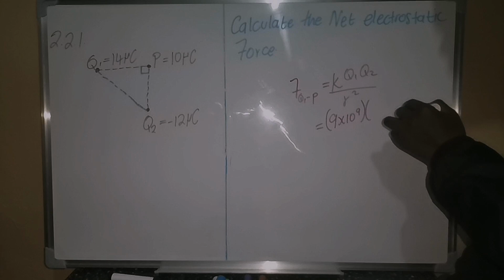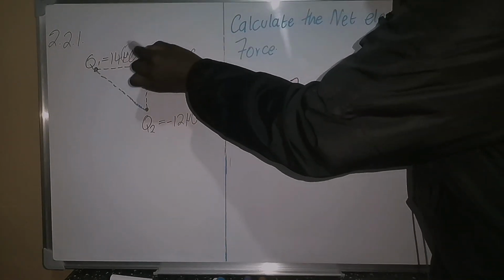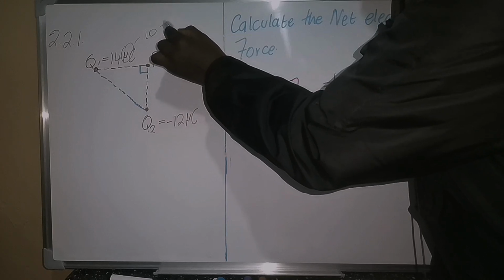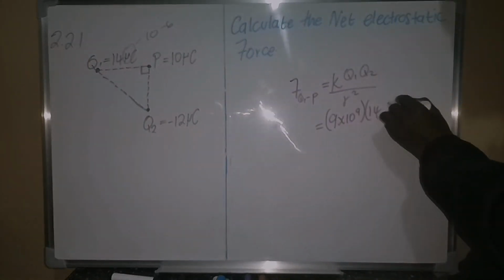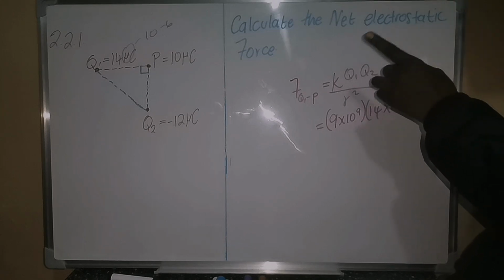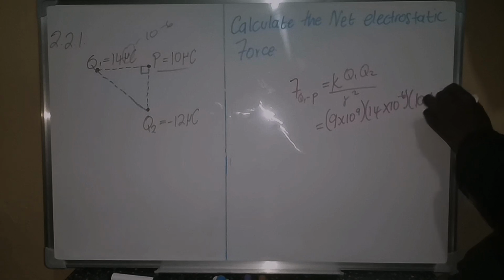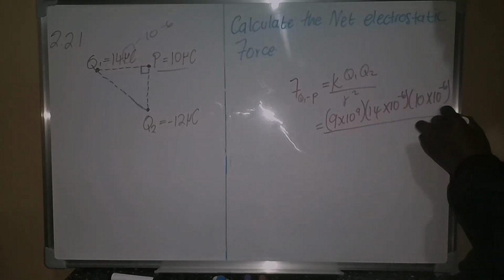What is the value of Q1? It is 14 here. Remember, microcoulomb is equal to 10 to the power negative 6, so it's times 10 to the power negative 6. Q2 is P here, which is 10 times 10 to the power negative 6, all divided by R squared.